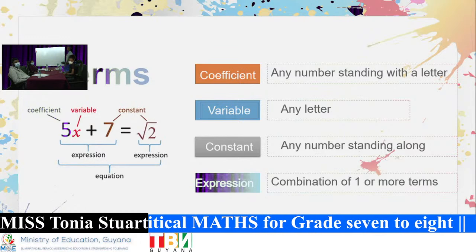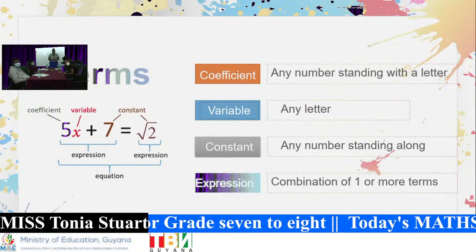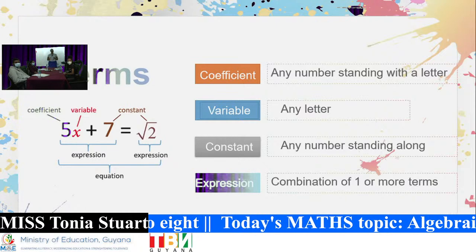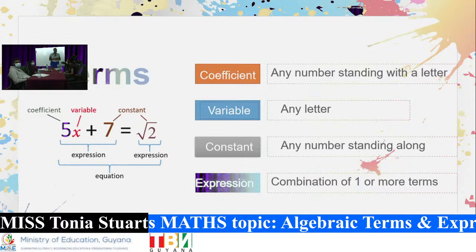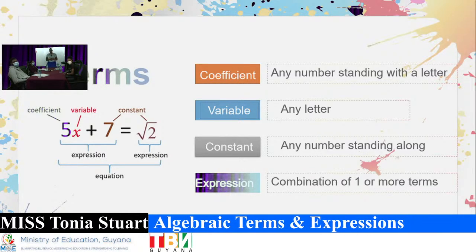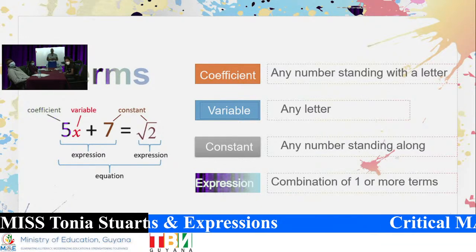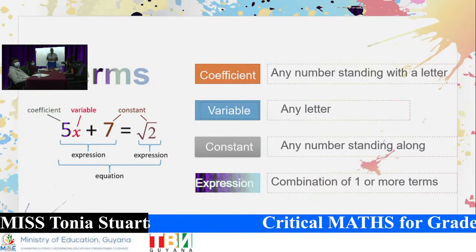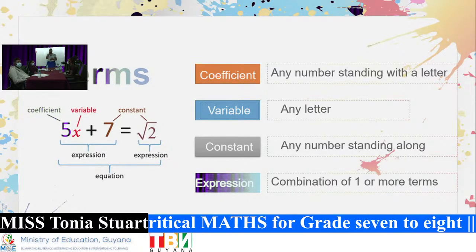In simple words, the coefficient is any number standing with a letter. Any number that you see standing with a letter, we call the coefficient. According to the example there on your left, you have 5 with a letter. So the number in front of the letter is what we call the coefficient. Do we understand that? Yes. Sure? Good.